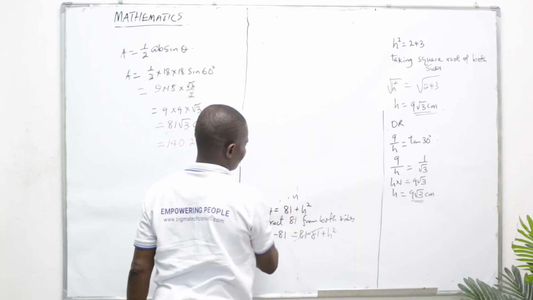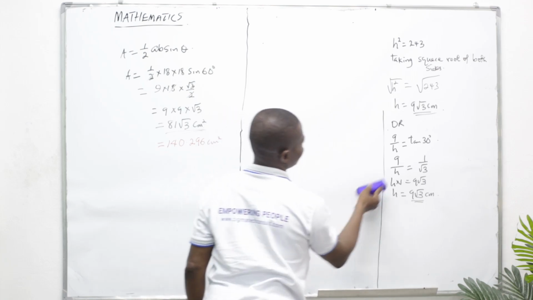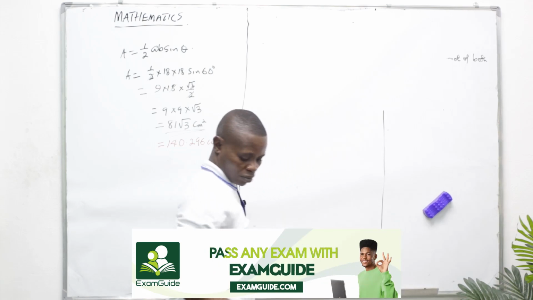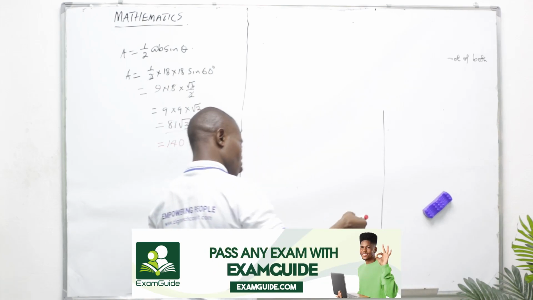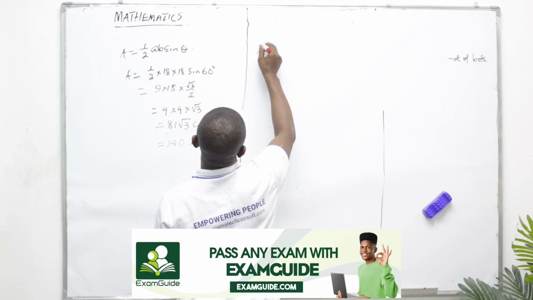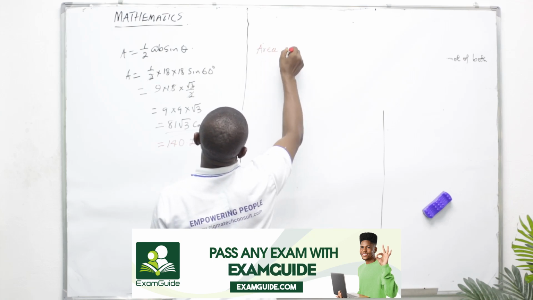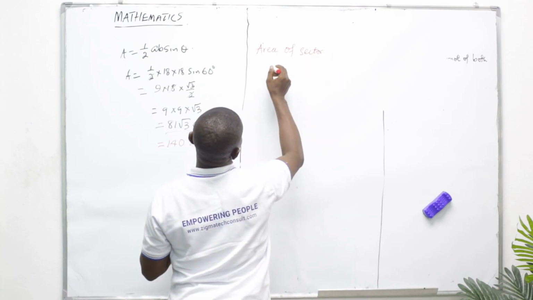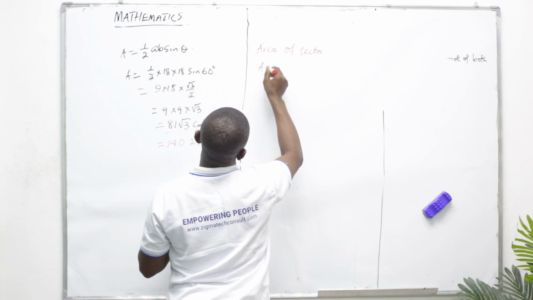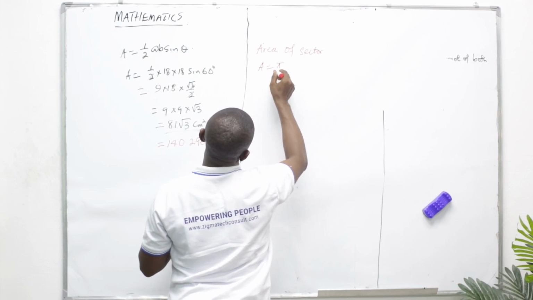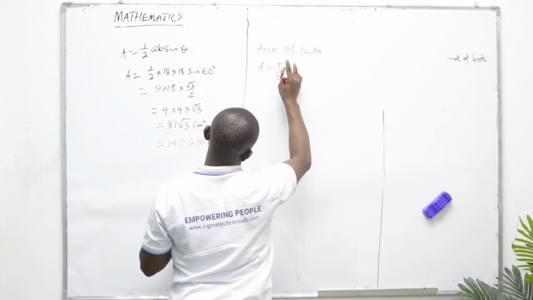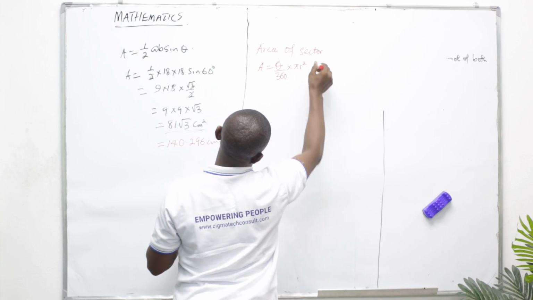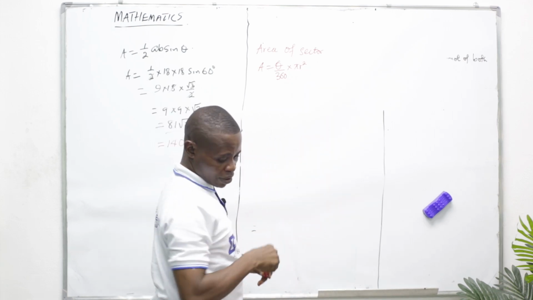Area of a sector A equals theta all over 360 times pi r squared.